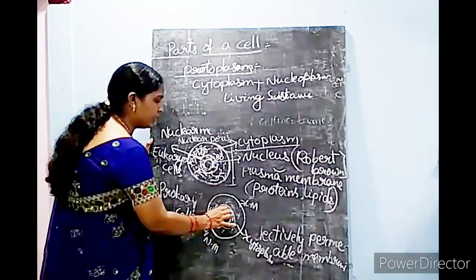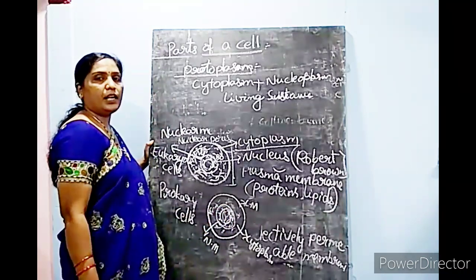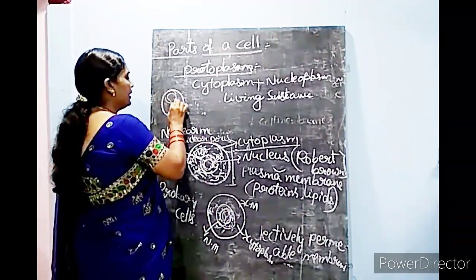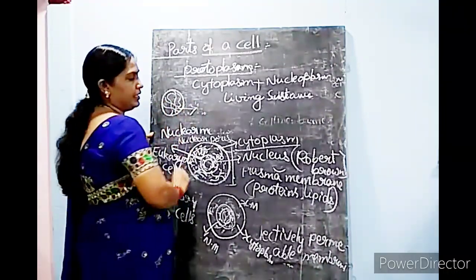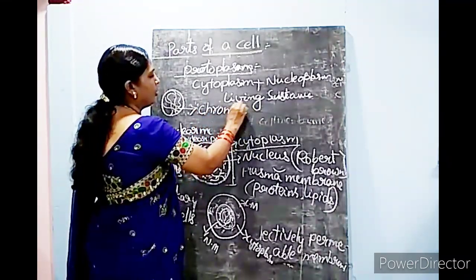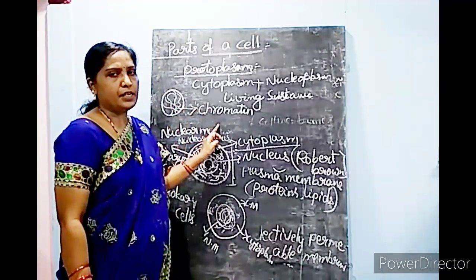Inside the nucleus, thread-like structures are present, which are known as chromatin. What do we call these thread-like structures inside the nucleus? Chromatin.